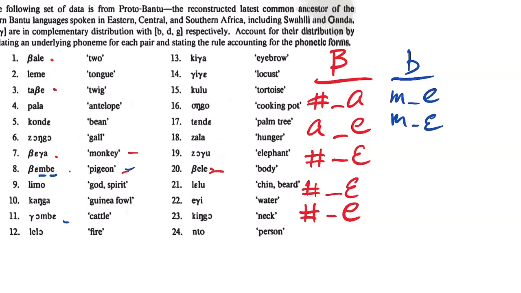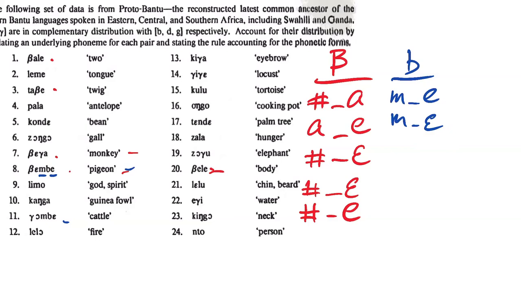Interesting. So we have all of these, and looking at this, there are a couple of things we can notice. All of the betas are followed by a vowel, but so are all of the Bs, so this isn't helpful. That's not a generalization we can use.